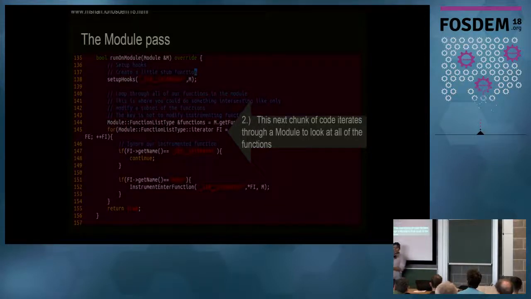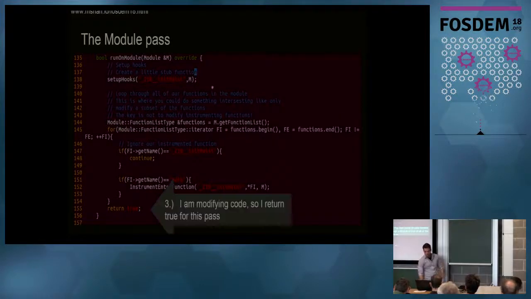I don't want to instrument an instrumented function and do that recursively. The second thing I'm doing is looking for a particular function, main in this case. And I am modifying code, so I'm returning true here for this pass. This pass, again, is a run on module pass that's taking in a module M.